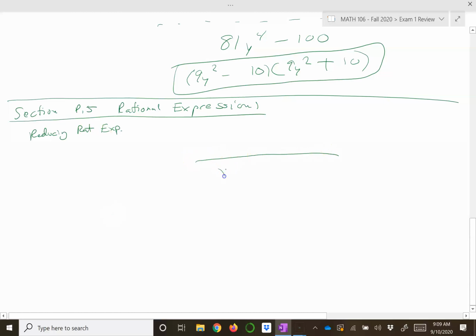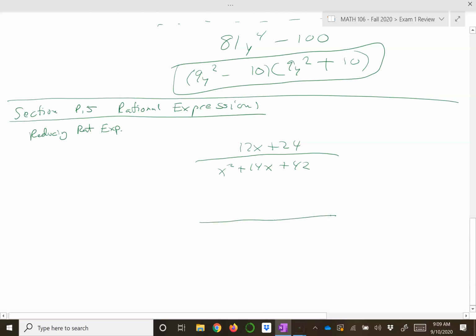All right, so you'd see a fraction. Okay, so here we go. There it is. It's a fraction, two polynomials. What's the first step in any of these problems? Yeah, well, you're factoring, right? You're factoring the numerator and the denominator.